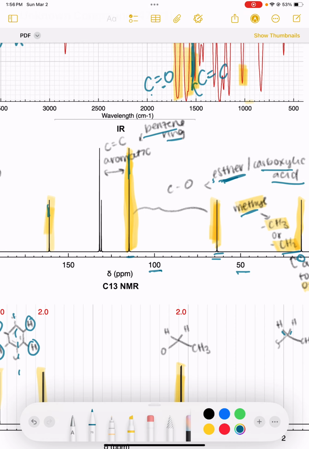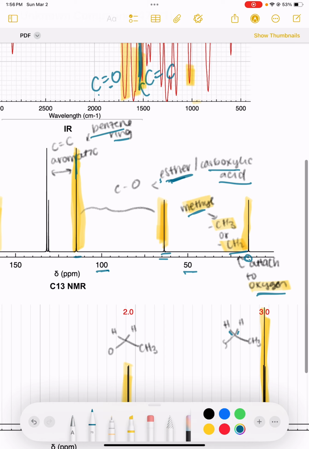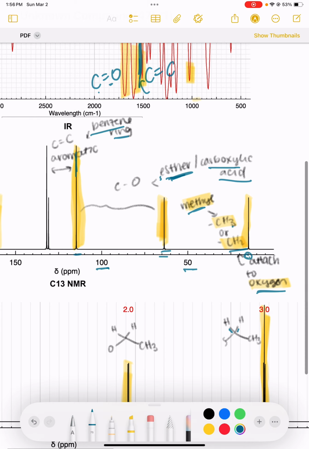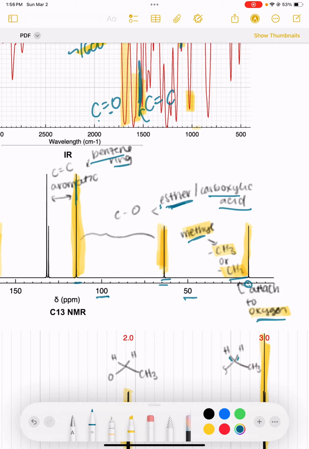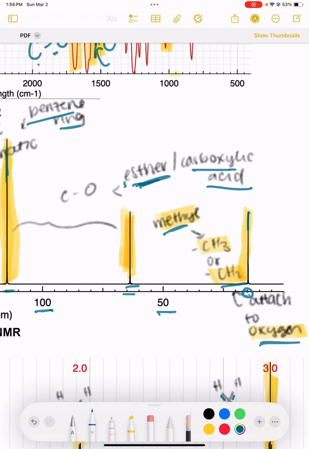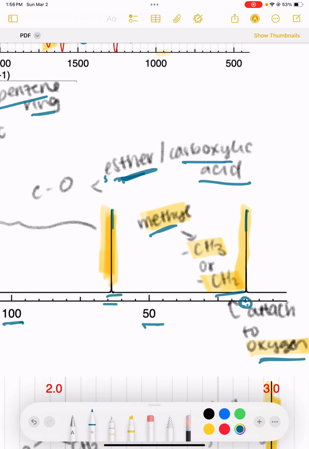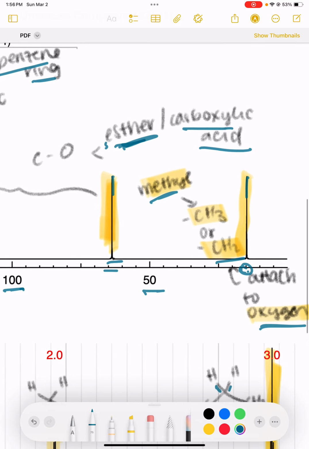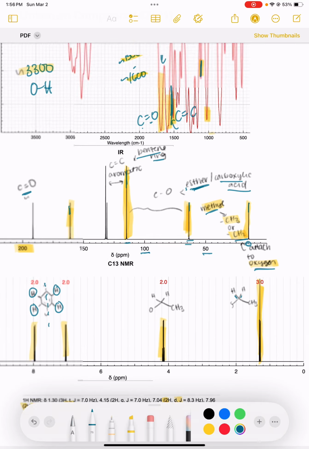Again, I'm leaning towards ester. If you look from 10 to 50 ppm, we see they both are identical, and so it is either a methyl attached to a CH3 or a CH2 attached to an oxygen.